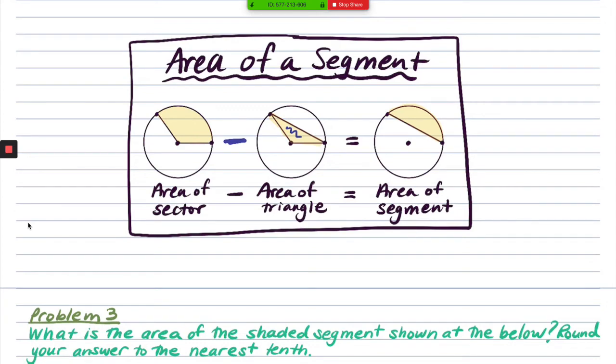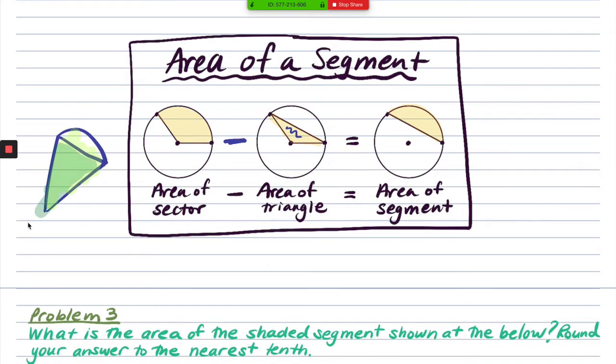And usually I think of this as like pizza crust. It's a little bit easier to think of, actually that's not a great one. If it was 1/8, this one's a little big. You wouldn't think of a pizza slice, but if we had the whole sector as the whole piece of pizza, and then the triangle is just the toppings part, and then the segment is your crust.